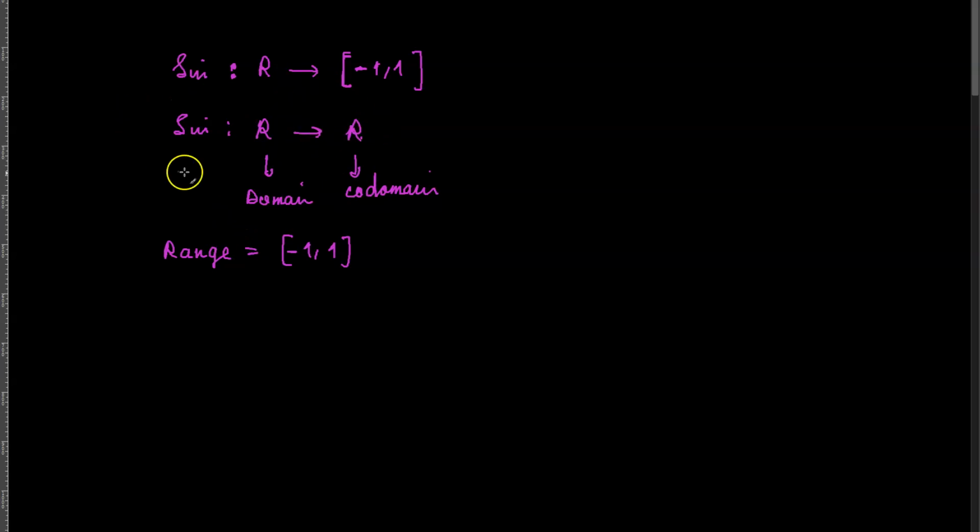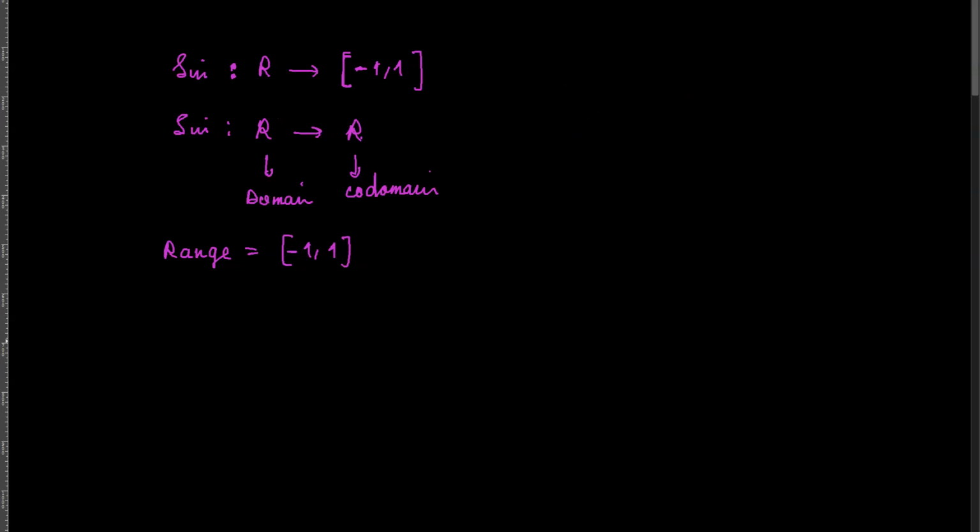You are actually logically allowed to define a function such that, for example, a function f goes from R to R, all the real numbers to all the real numbers, but then the range of the function is a subset of the set of real numbers, and that would be, for example, this case over here.